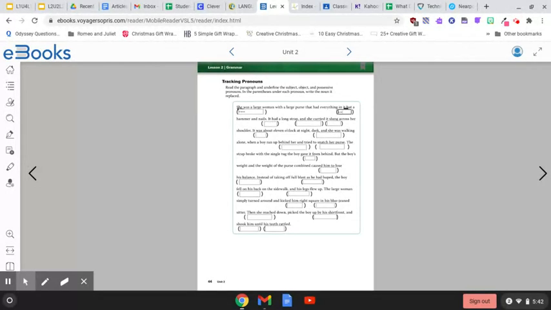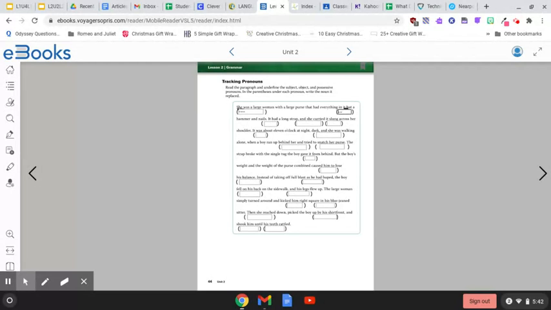Now let's look at the next sentence. It had a long strap, and she carried it slung across her shoulder. We have it again as one of our pronouns, so we're going to underline it. What does it refer to? So we're going to write that answer beneath it.